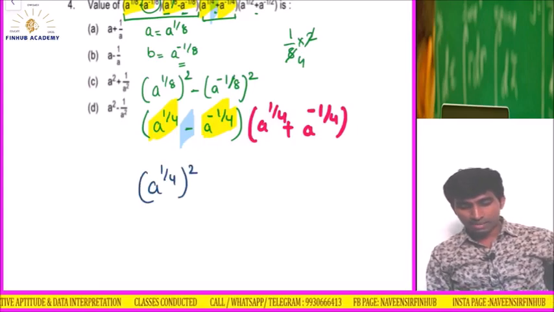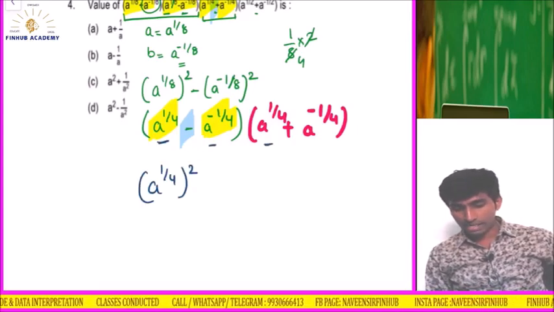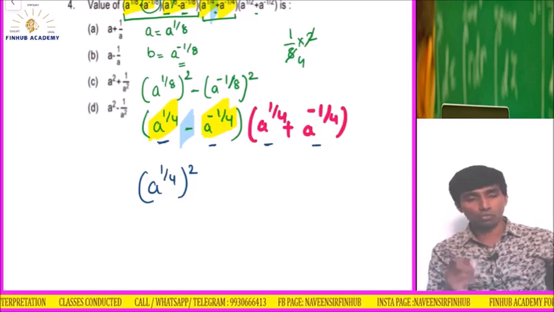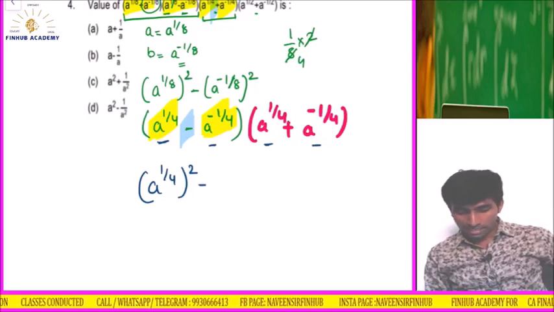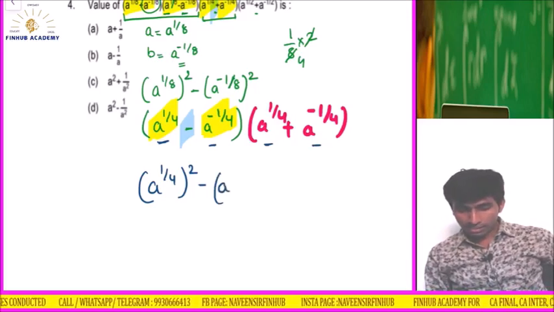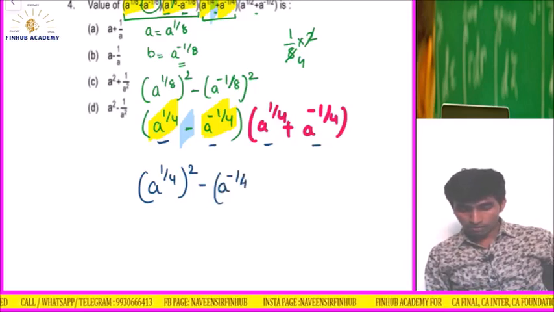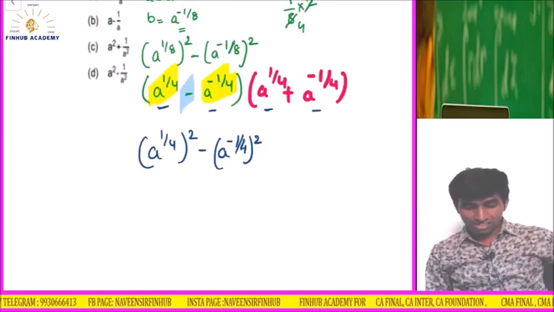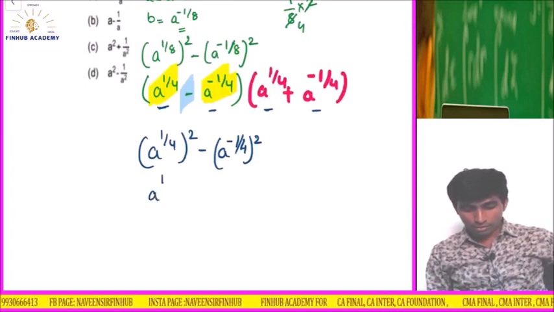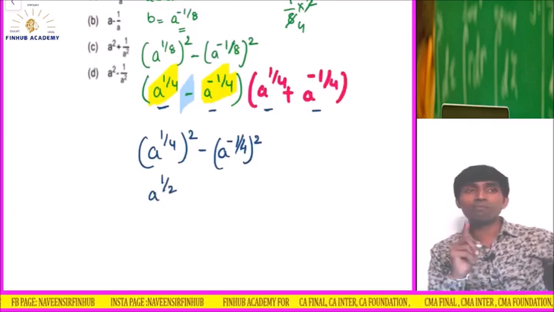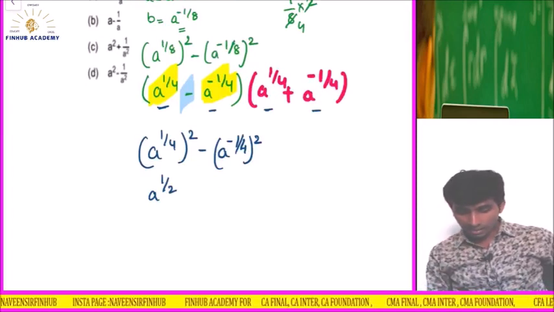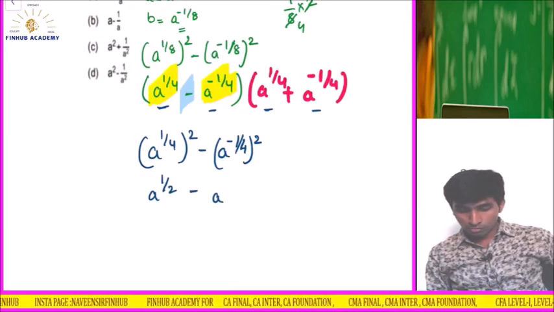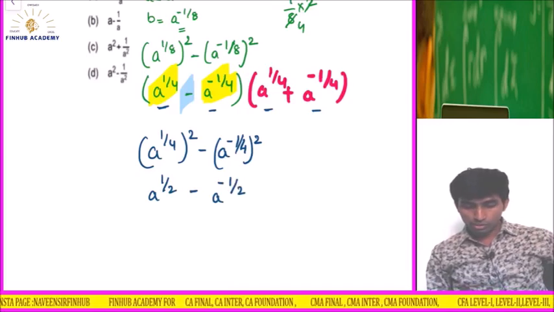Again a minus b, a plus b. So a is a raised to 1 by 4 square, minus b, that is a raised to minus 1 by 4 the whole square. Understood? So 1 by 4 into 2 will become 1 by 2, right? And here minus a raised to minus 1 by 2. So this is one bracket.